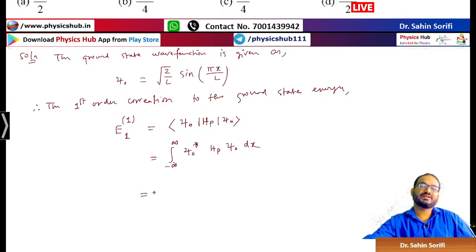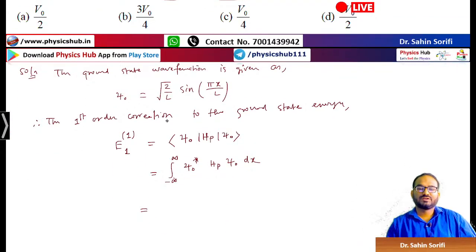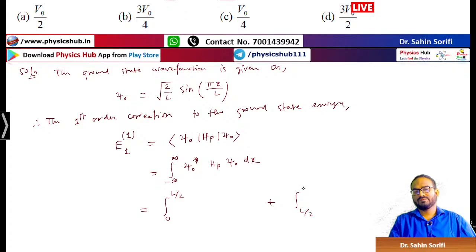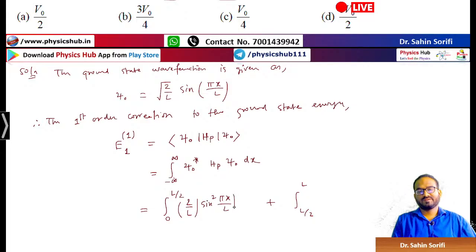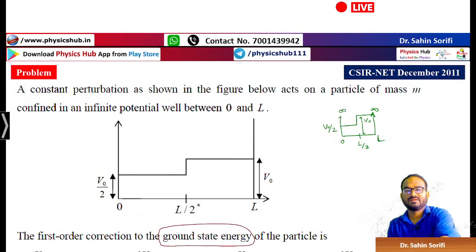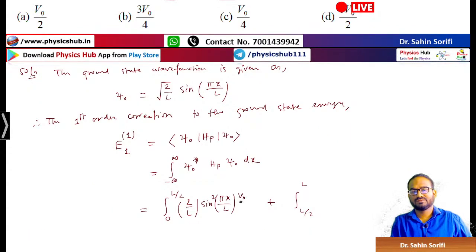But here it is only extended from 0 to L, so we can split it into 0 to L by 2 and L by 2 to L. The wave function is the same, square root of 2 by L sin(πx/L). This is a real wave function, so psi_0 star and psi_0 are the same. So we have 2 by L sin squared(πx/L) times the perturbation used here, V_0 by 2, dx.